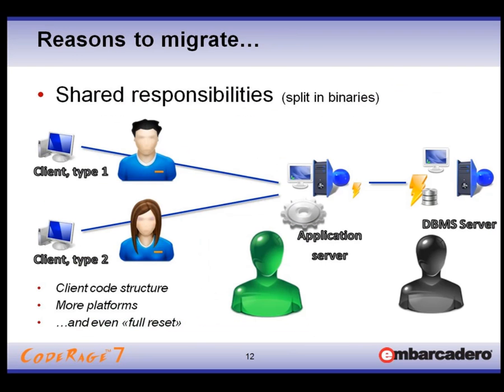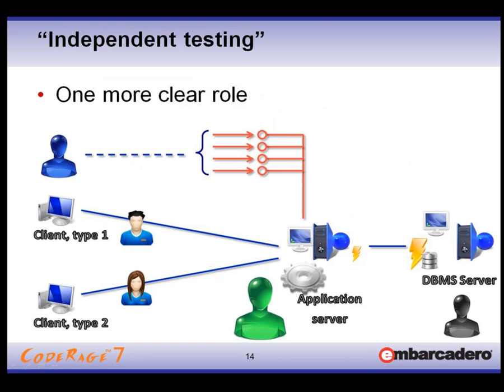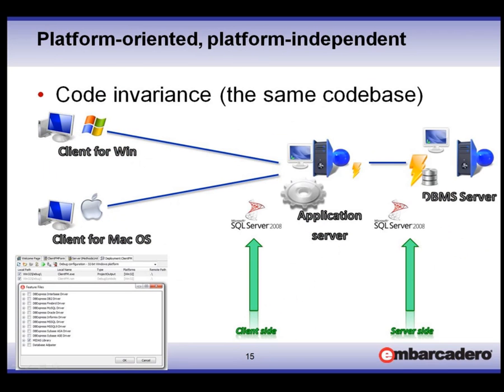We saw how useful it is to migrate to multi-tier from the viewpoint of cooperation in a developer team, splitting responsibilities in binaries, splitting the tasks in source code, for the sake of good testing, or from the viewpoint of migration from single OS VCL code to multi-platform systems with FireMonkey.